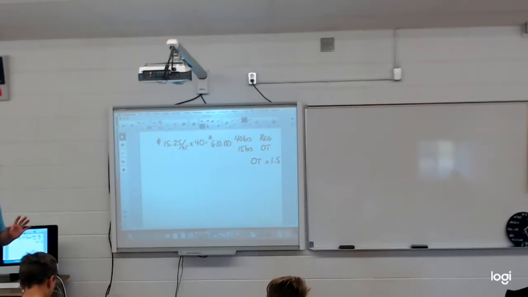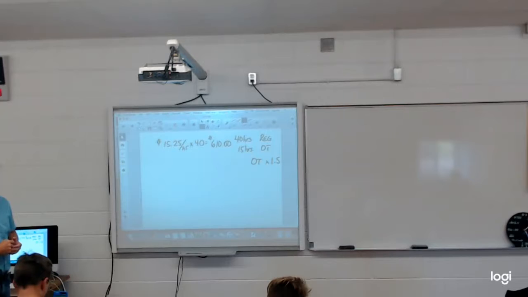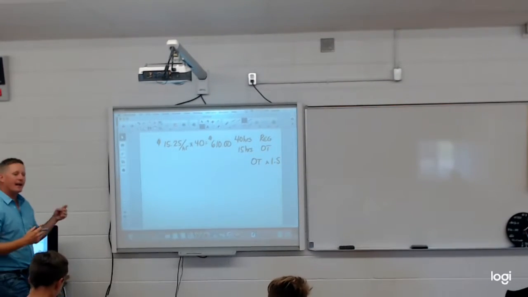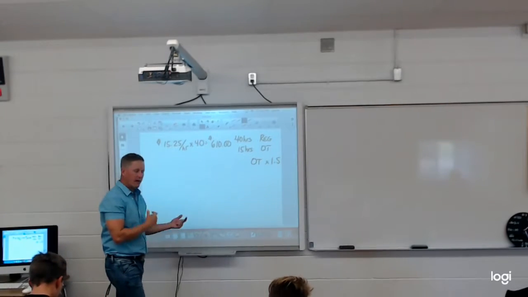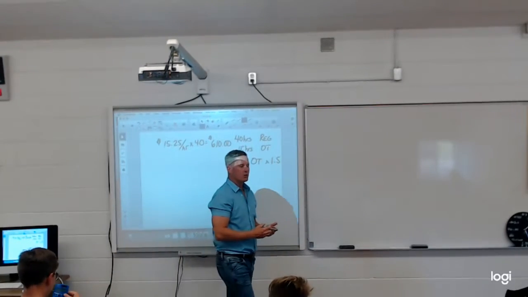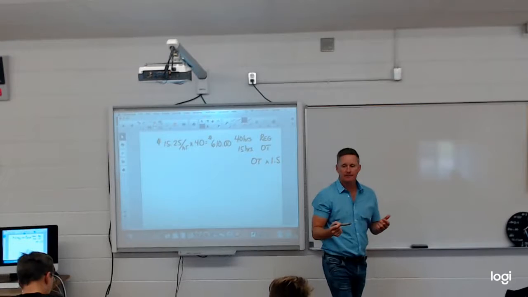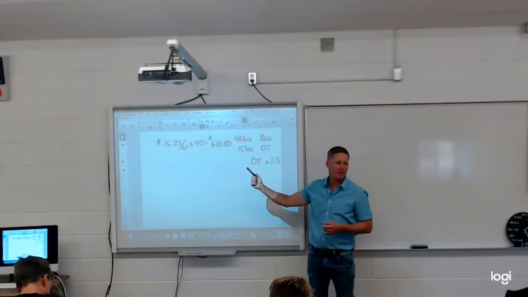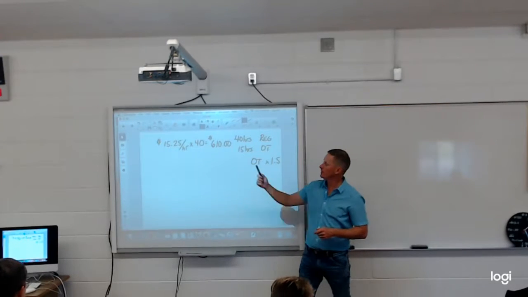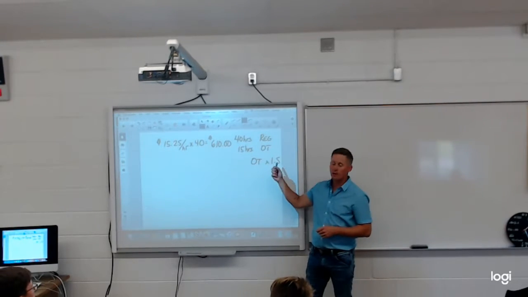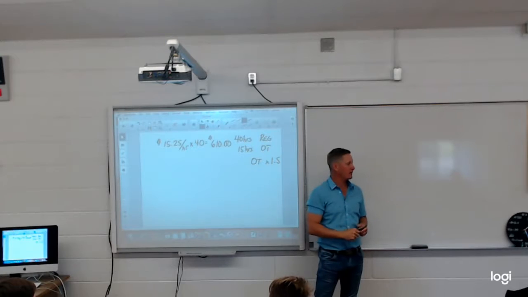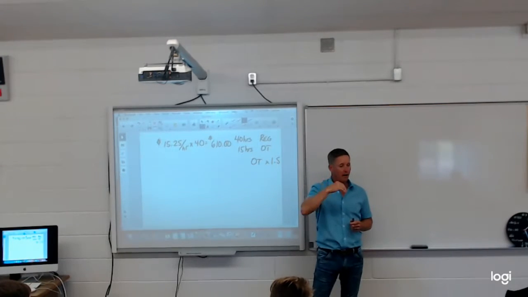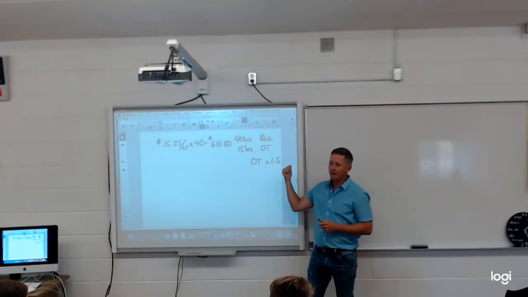Everybody's okay so far? All right, now, he has 15 hours of overtime, and his overtime pay is 1.5 of what his regular pay is. You could find out by taking 15.25, taking half of it and then adding it on. Or you could take 15.25 and times it by 1.5, because that would be 150%. That's what time and a half means.